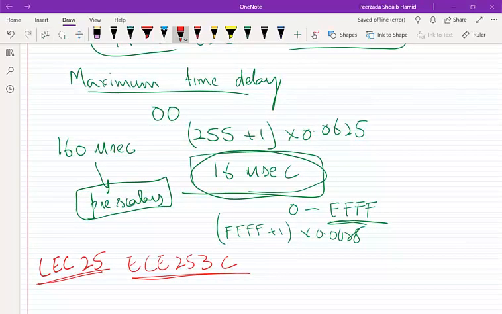That came to be 16 microseconds, because 255 is the maximum value. 0 is the minimum value that we can load, and 255 is the maximum value it can reach while counting. So 255 plus 1 for the overflow, 256 into 0.625, comes up to 16 microseconds. That's the maximum delay we can generate using timers with no prescaler.